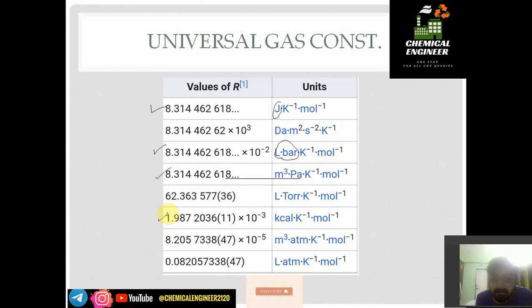Generally they don't give it in kilocalorie, but give it in calorie. Similarly, 8.21 into 10 raised to minus 5 in meter cube atm per Kelvin mole, and 0.0821 liter atm per Kelvin mole. This value you should always remember.